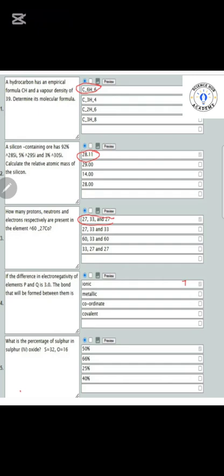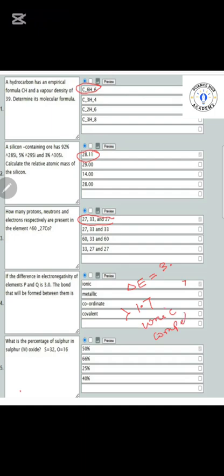Now here the fourth question says that the difference in the electronegativity of element P and Q is 3. So meaning that the electronegativity difference is 3, right? So what type of bond is formed? Here we need to understand that when the electronegativity difference is greater than 1.7, this is often common in ionic compounds, right?